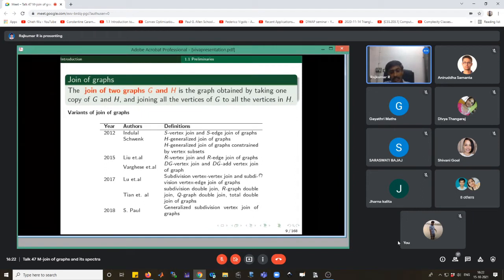So many types of variants of join of graphs have been defined. But I am not including the definition of all these here. In the rest of the slides, in the join of graphs slides, once again you will see the definitions in another way. So that's why we are not repeating these definitions.